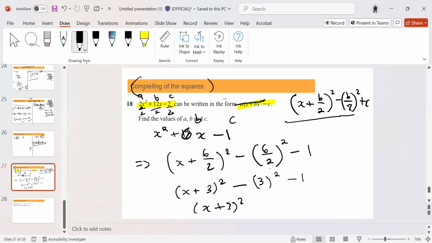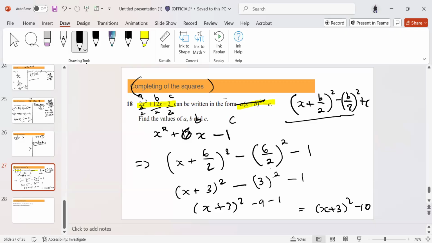And then here we will have -9, -1, which will end up with x plus 3 squared minus 10.